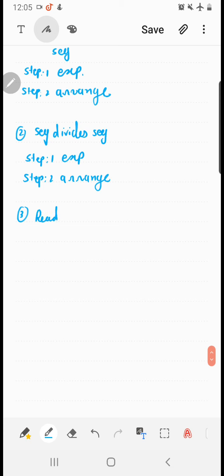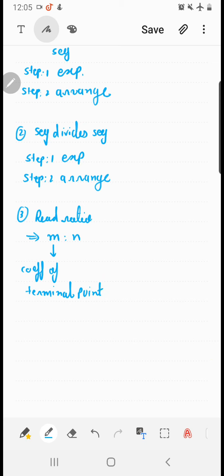So read ratio implies m is to n, where this m is the coefficient of the terminal point. Just keep these three things in your mind, and any tough sum on section formula which is based on the theoretical concept can be solved by using these three rules.